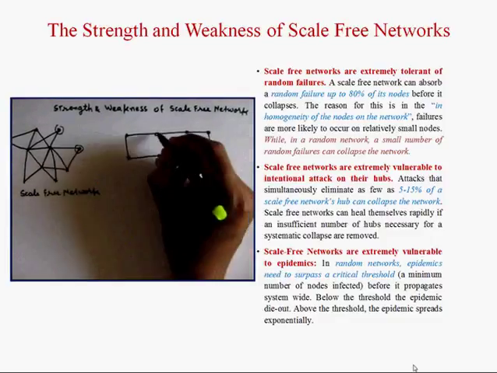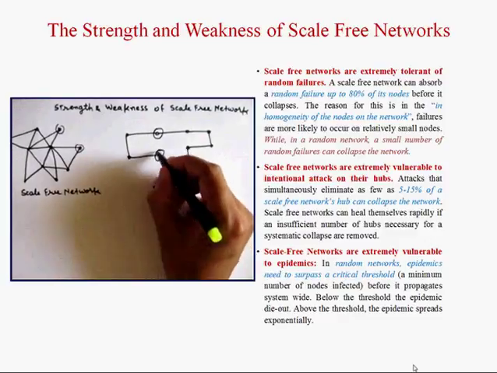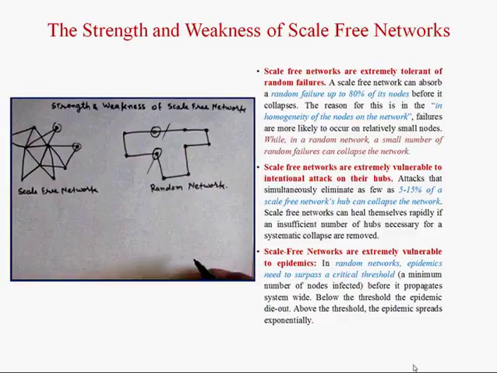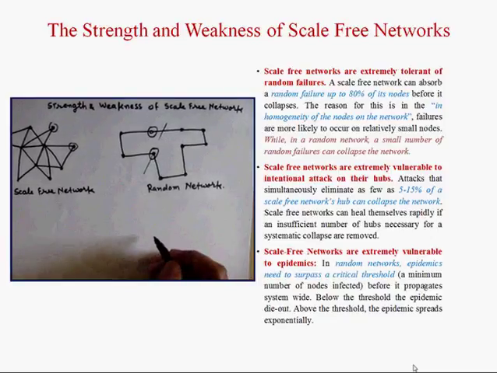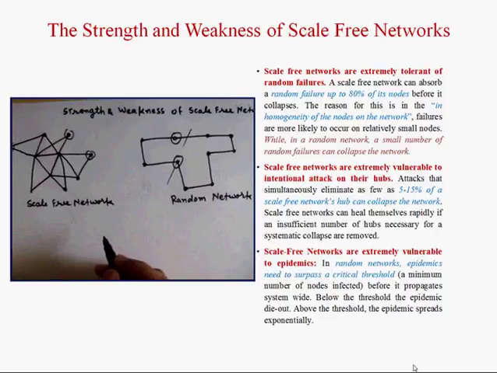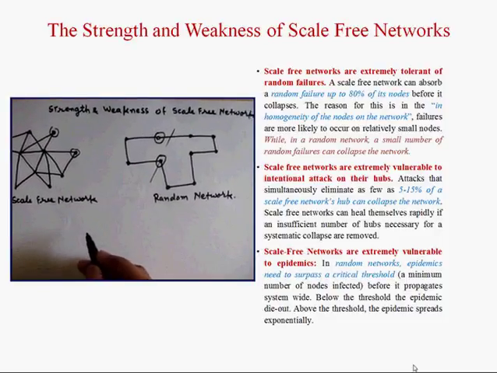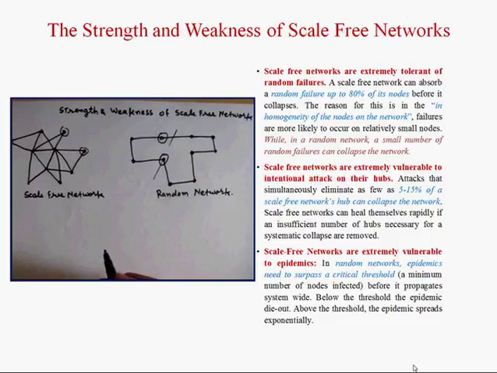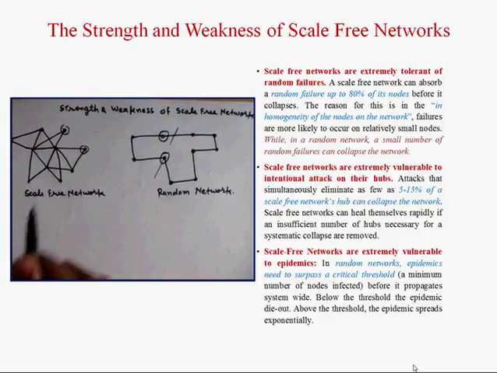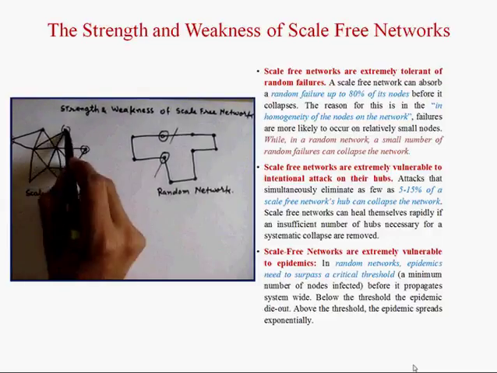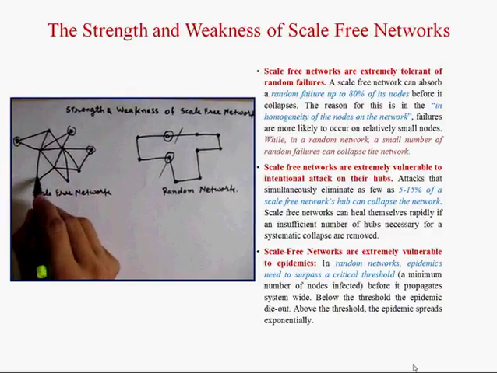For example, suppose nodes like this and this fail, then it will divide the entire network into two parts. A scale-free network can absorb a random failure of up to 80% of its nodes before it collapses. The reason for this is the inhomogeneity of the nodes in the network. Failures are more likely to occur on relatively small nodes like these outside and small nodes.